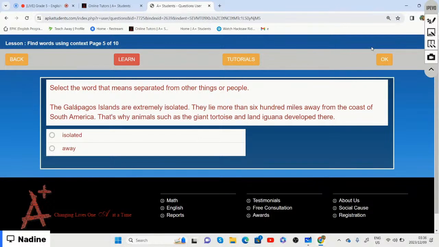So, what does it mean when they say separated from other things or people? Is it isolated or away?